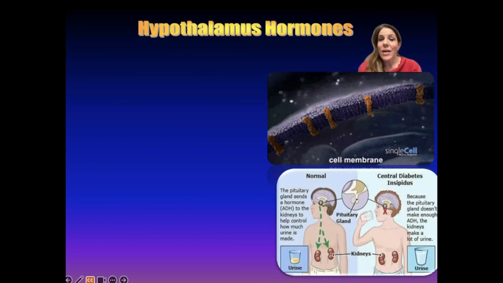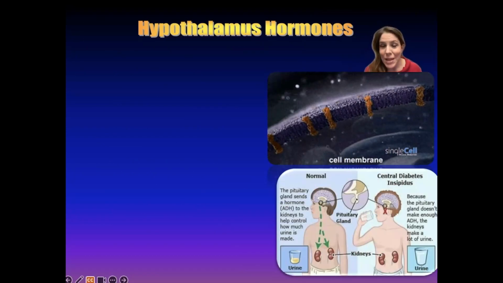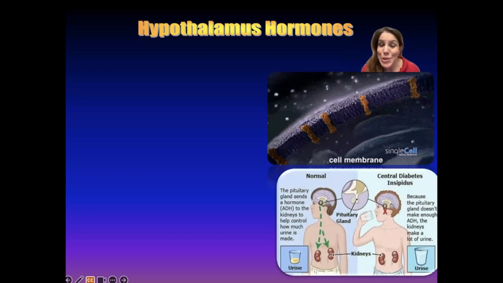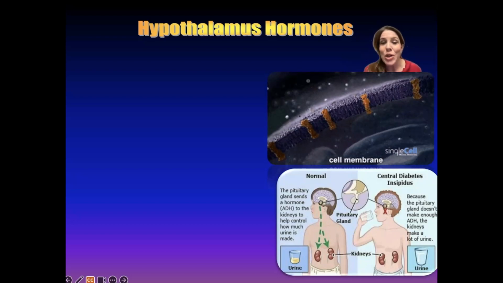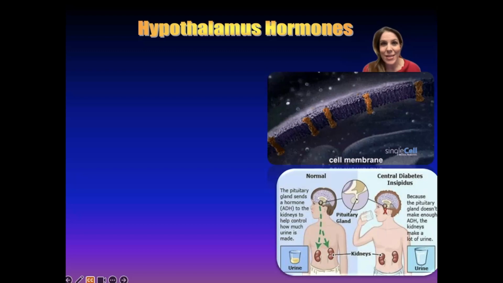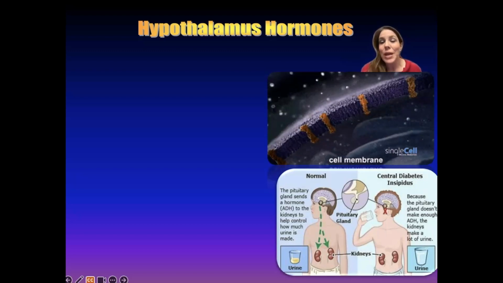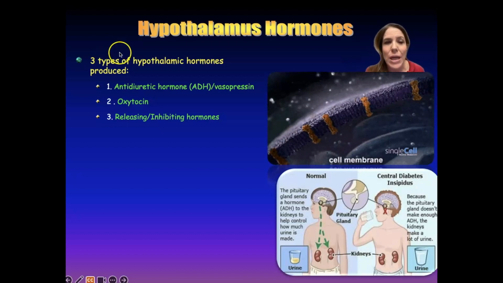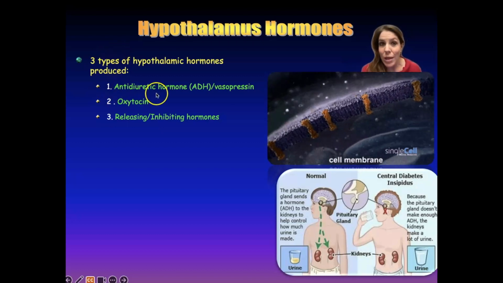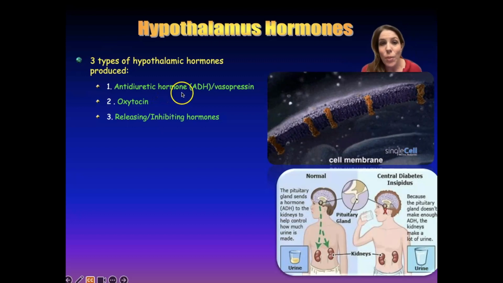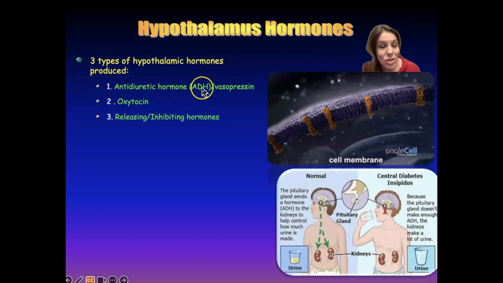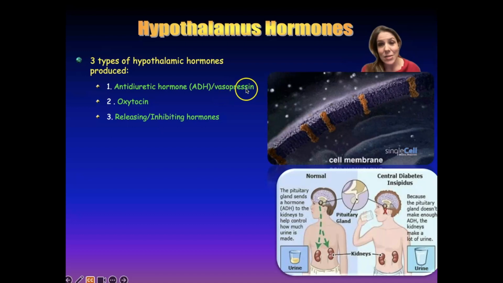So now that you have a basic understanding of what the hypothalamus is and how it connects the pituitary gland, we are ready to go over the specific hormones that this amazing hypothalamus boss gland produces. And in general, we can break this into three main hormones. So one, antidiuretic hormone, also known as ADH, also known in many books as vasopressin.